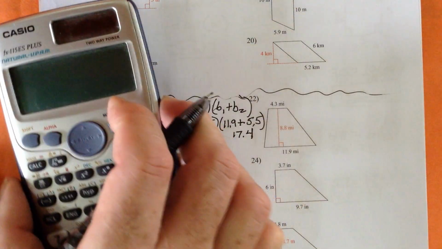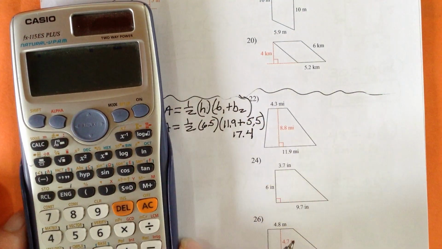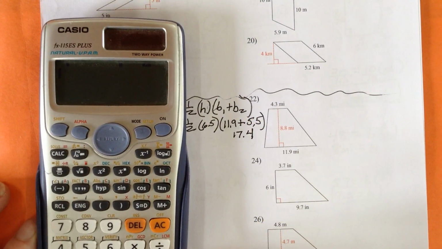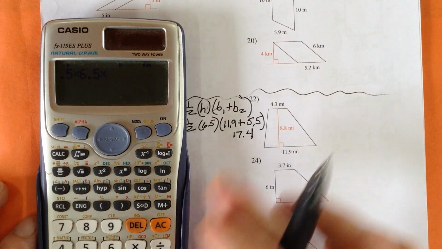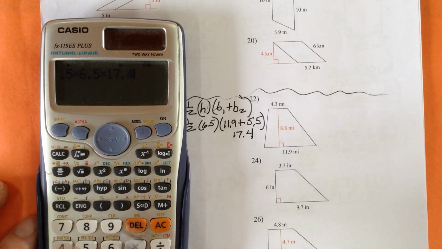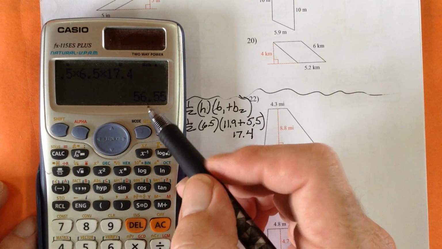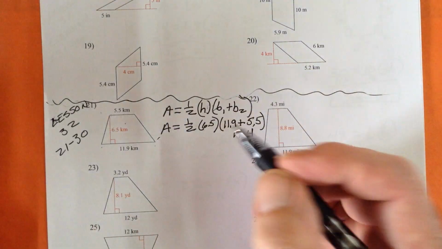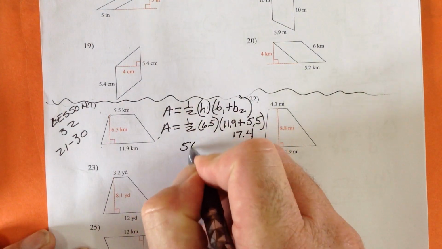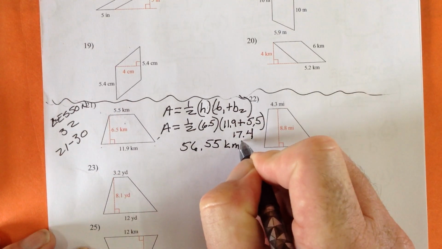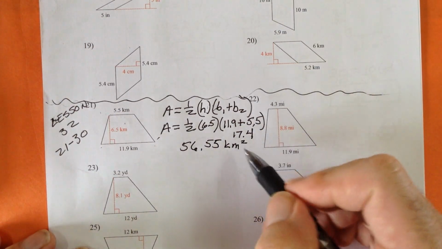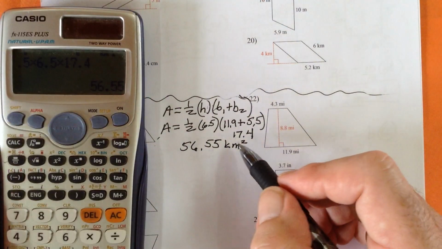If I do it this way, hopefully you can see the calculator here, I go 0.5 times 6.5 times 17.4 equals, and I get 56.55. 56.55 square kilometers. Okay?